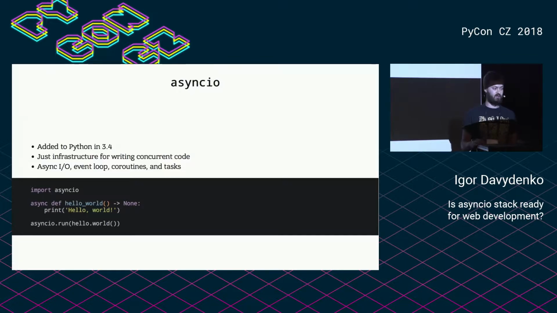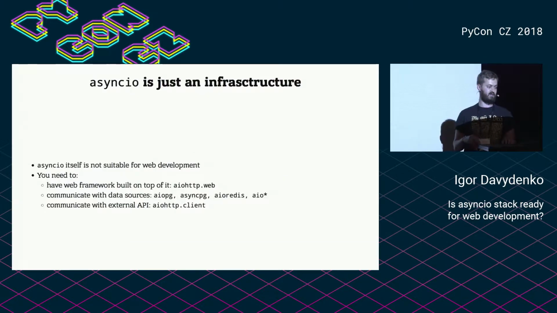We have asyncio, the event loop, coroutines, and tasks. Not much to switch from Django or Flask. And that's an example of how to run asyncio in Python 3.7. We have the new function asyncio.run. But again, that's not much for replacing the previous sync flow.